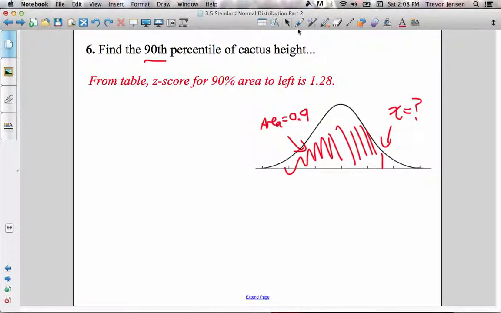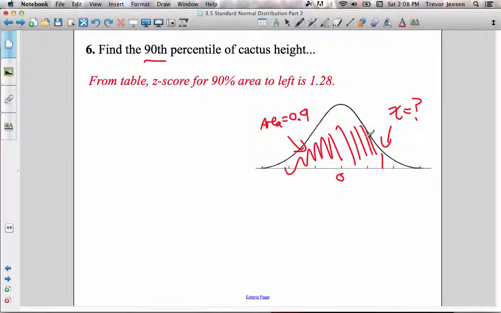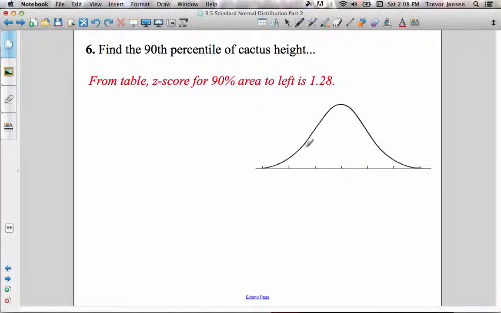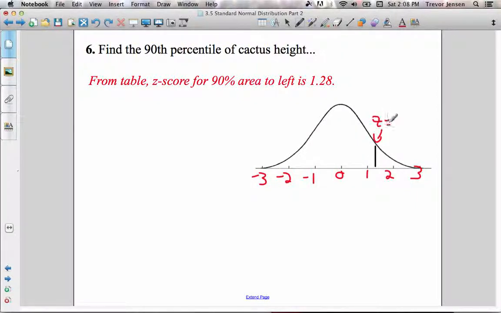So keep in mind, z-scores have to do with the standard normal distribution graph, which has a mean of 0 and standard deviation of 1. We found out that a z-score of 1.28, which is right here roughly, so this is z equals 1.28.